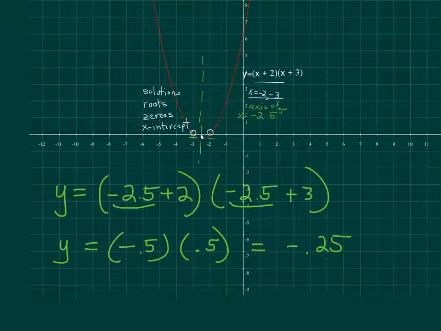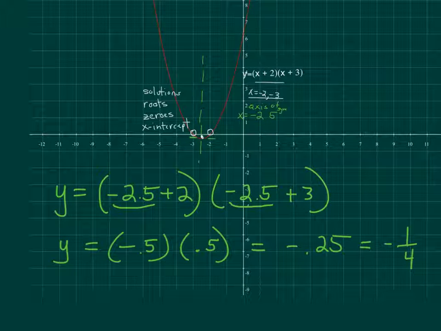So our y actually equals -1/4. And if we look at our graph very carefully, we'll notice that our vertex, which is right here, is about 1/4 the distance between 0 and -1, because it's -1/4.